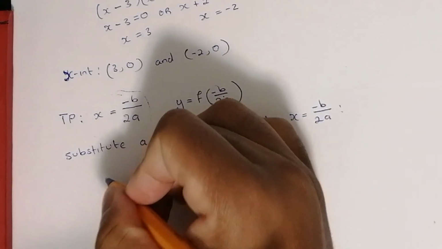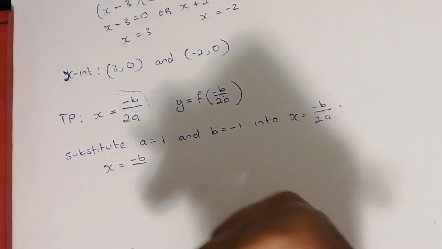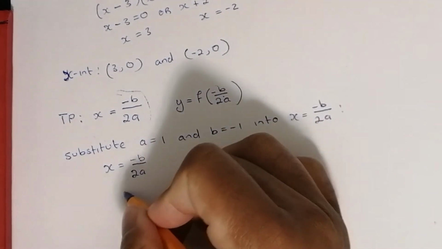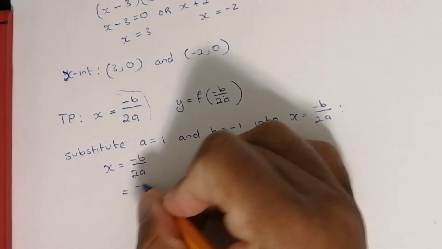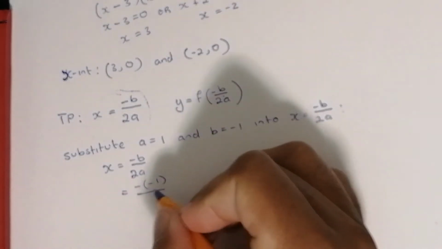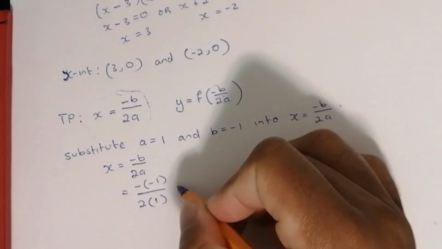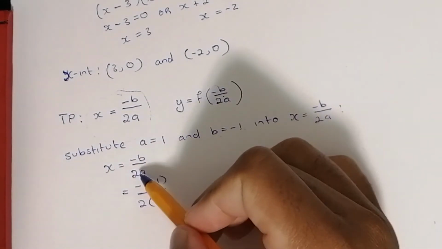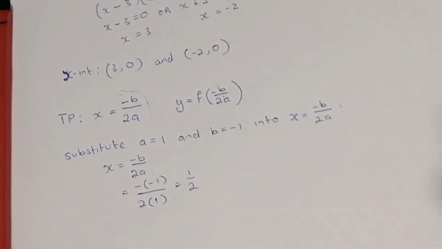So that just gives us x equals negative b over 2a, which equals, substituting these values, minus of negative 1 over 2 times 1, so we substituted 1 for a, and that gives us 1 over 2.